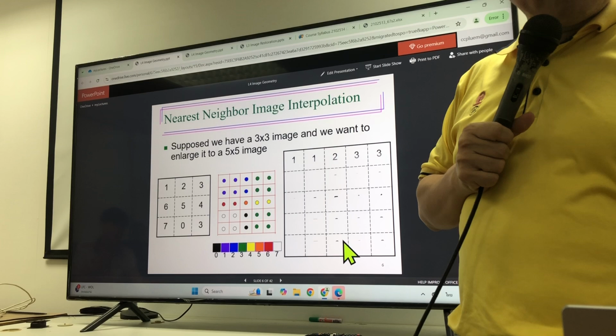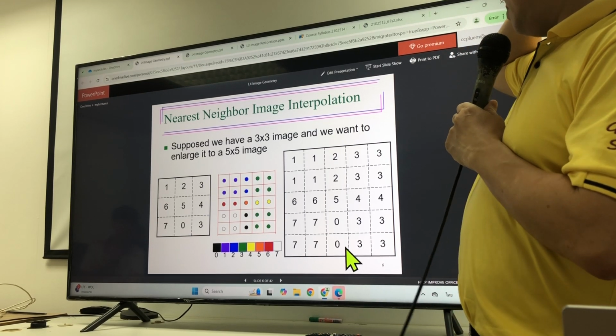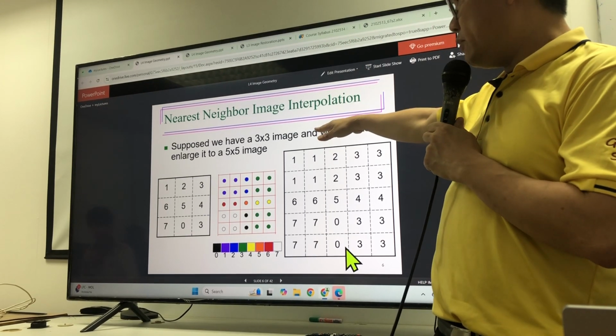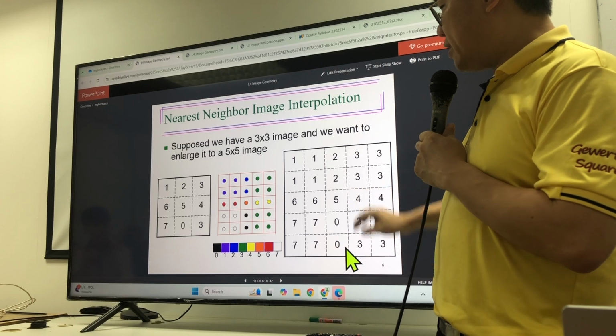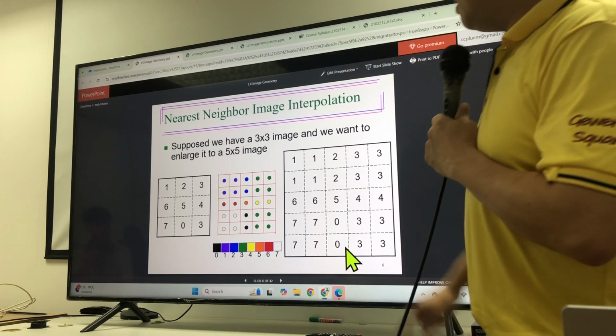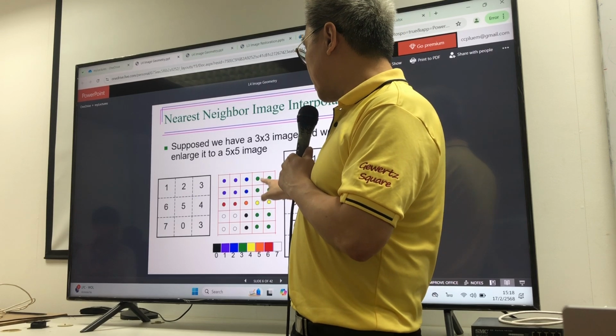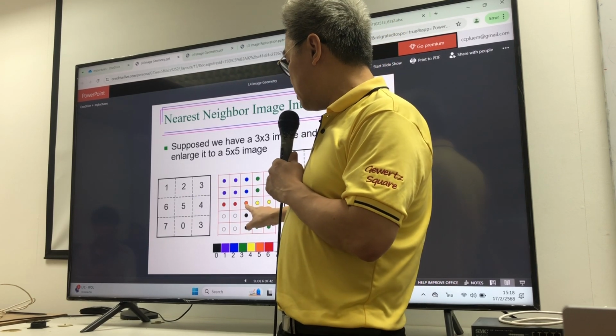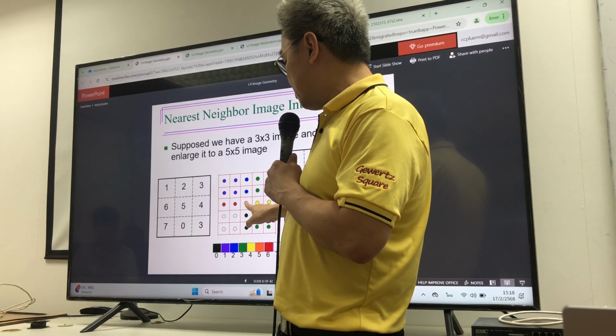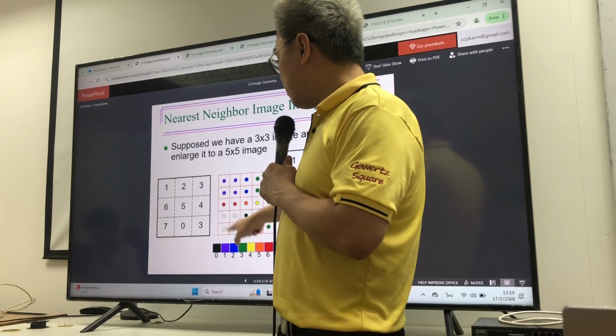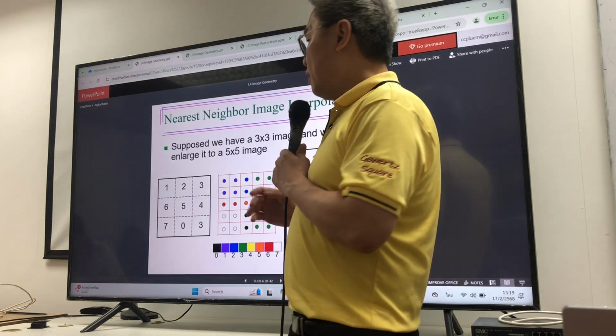You're going to get these values. So we change from 3x3 to 5x5 with nearest neighbor. This one is copied 4 times, this one 2, this one 4, this one 2, and the center one is not copied, just the center. So 2, 4, 2, 4, like this.